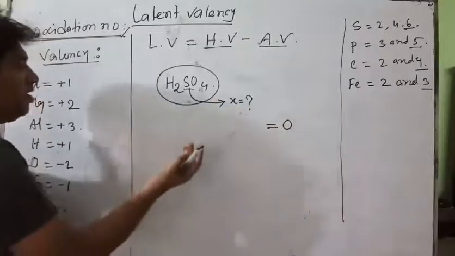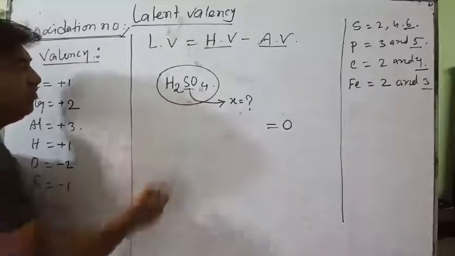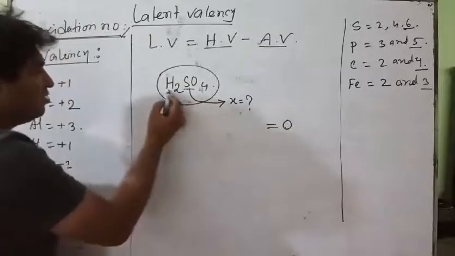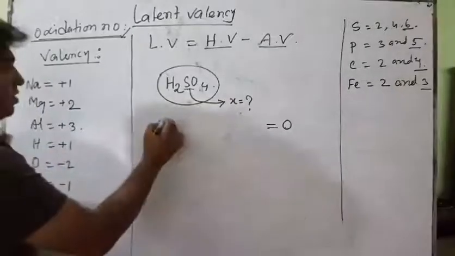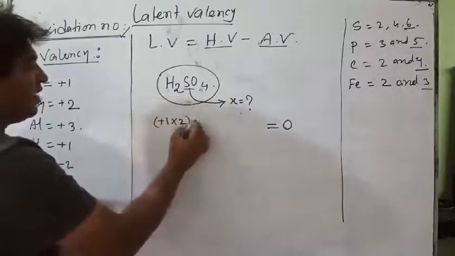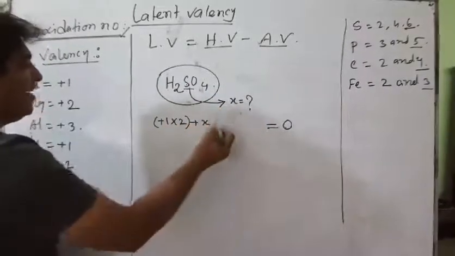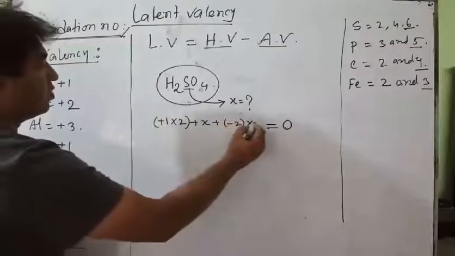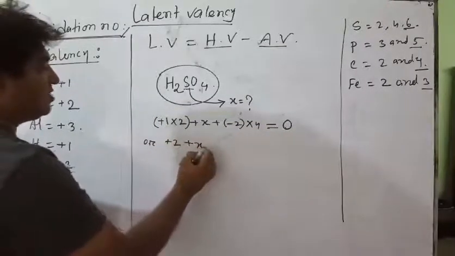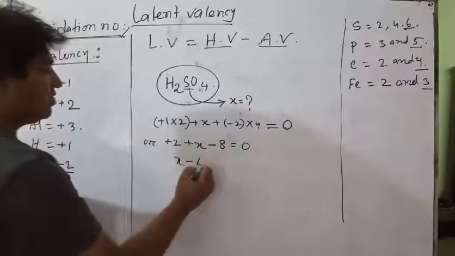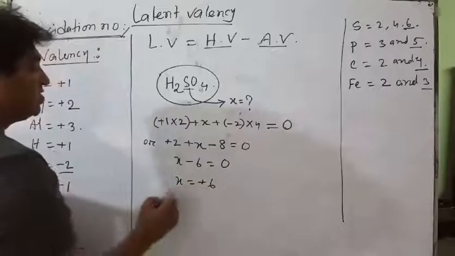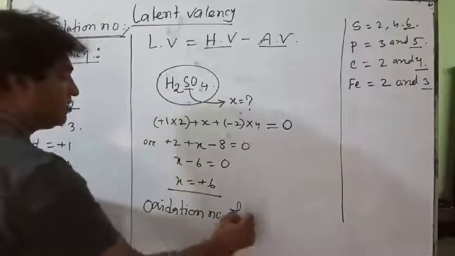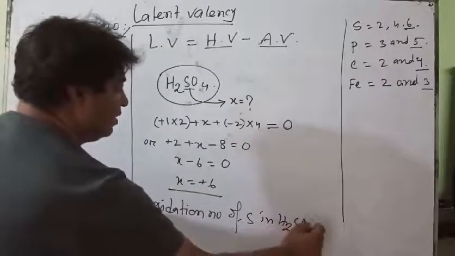The sum of the oxidation numbers of the different elements present in the compound is 0. Hydrogen is +1, and there are 2 atoms of hydrogen, so multiplied by 2, plus sulfur x, plus oxygen -2 into 4. So +2 plus x minus 8 equals 0, x minus 6 equals 0, x equals +6. So the oxidation number of sulfur in sulfuric acid equals +6.